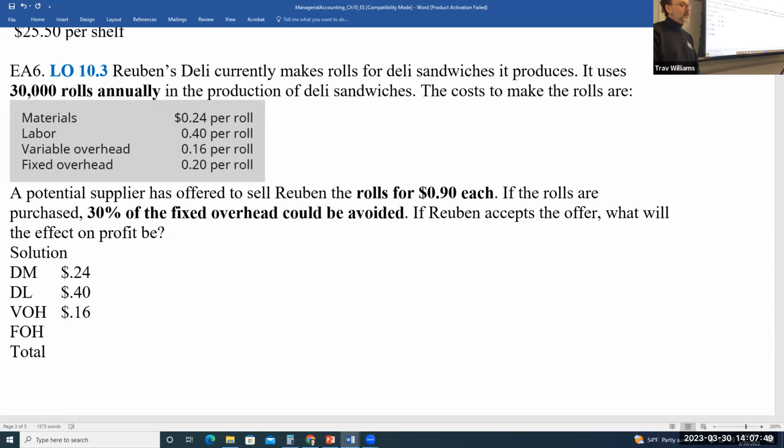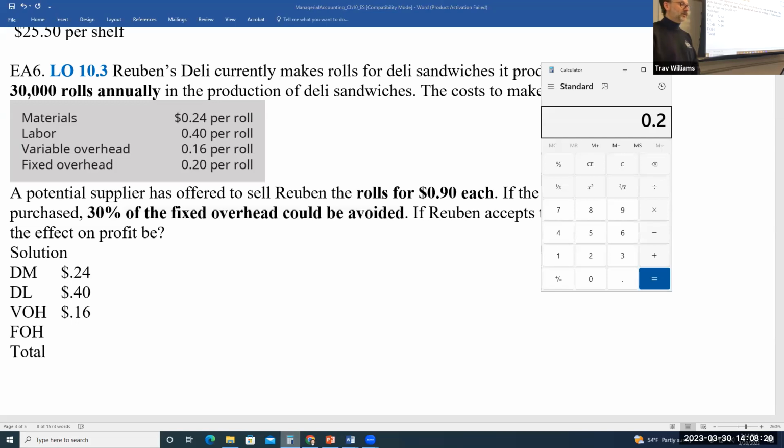So all of that was provided to us. The calculation we do have to make, though, regarding the fixed overhead, it says 30% of that can be avoided. So that's what we want to consider. What would be 30% of our fixed overhead per roll? $0.06.